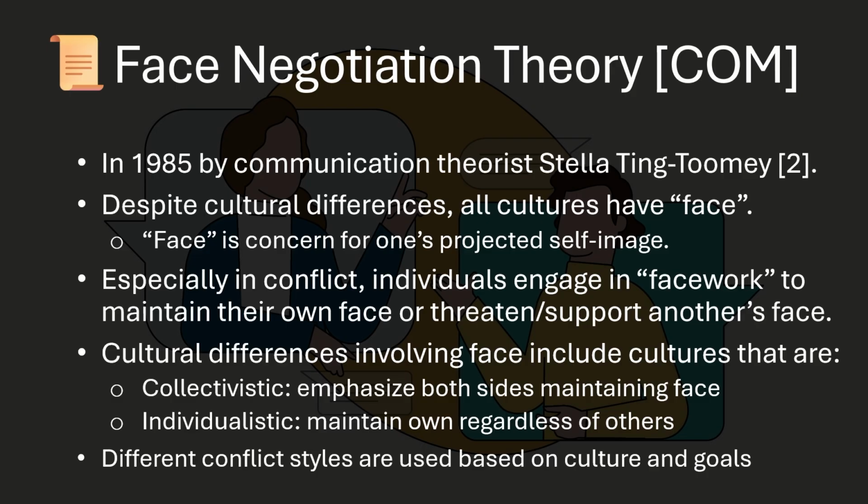Face work includes the communication strategies we use to protect our own image, repair our image if it's threatened, or even to support or challenge someone else's face. For example, apologizing after making a mistake is face work, but so is criticizing someone in front of a group, because that threatens their face.